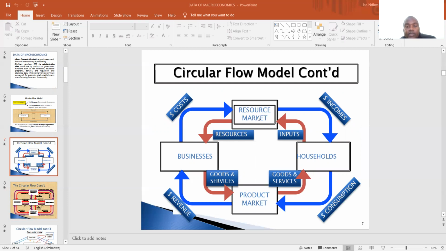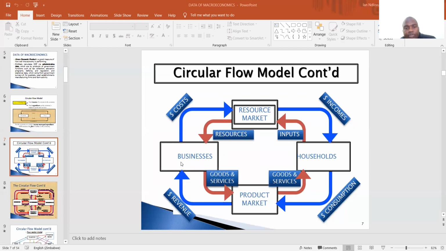Factors of production: we know that households don't literally look for individual firms to supply factors of production, but in most cases, the supply of resources or factors of production to firms or businesses is normally mediated by resource markets, which are also called factor markets, which is what is now illustrated in this diagram or figure, where households supply inputs into these factor markets, which are relayed to businesses as resources to facilitate production of goods and services.